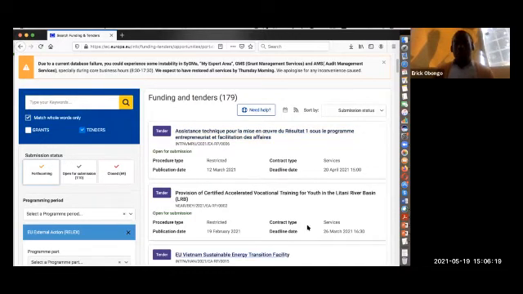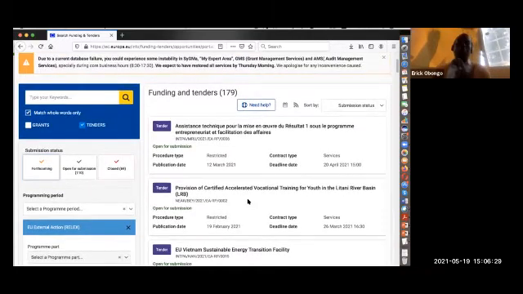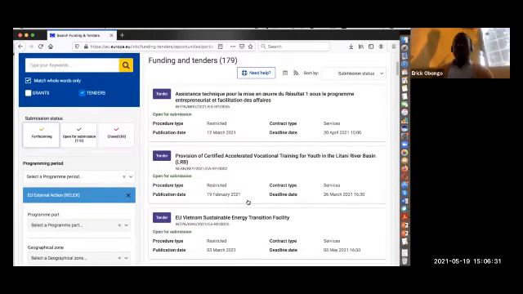It also shows you the day it was published, the application date, and the time by when you are supposed to submit the call for proposal. So that is it.